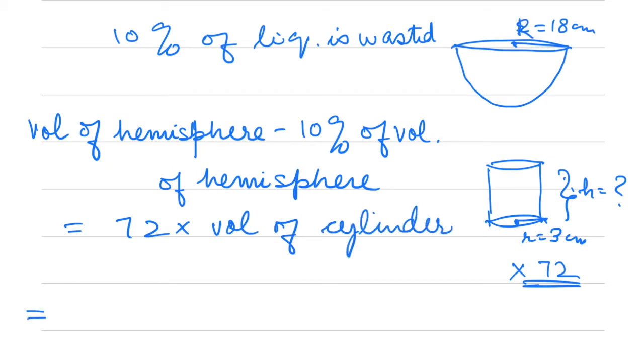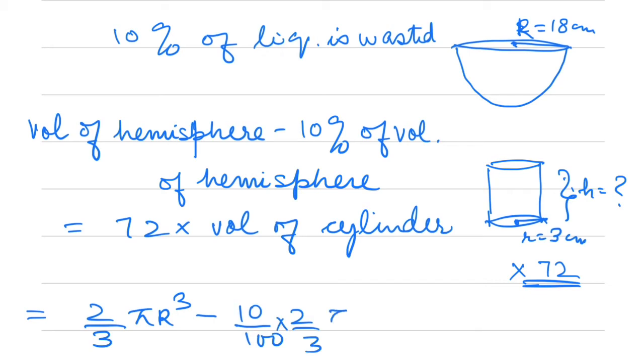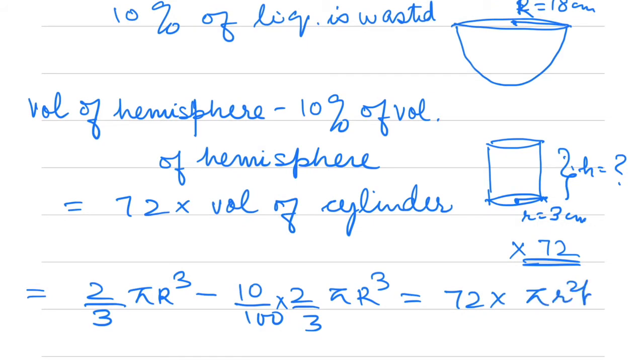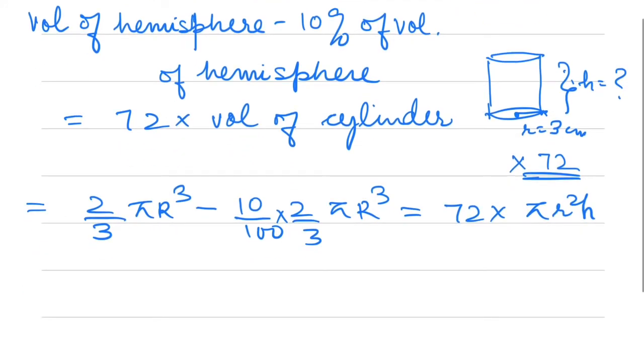So volume of hemisphere formula is 2 by 3 pi r cube minus 10% of 2 by 3 pi r cube is equal to 72 into pi r square h. Now pi I can take common and it gets cancelled.